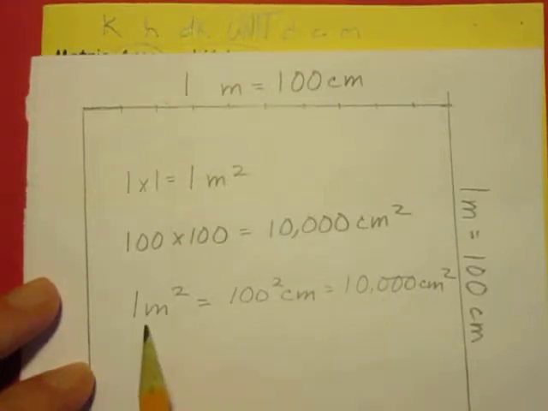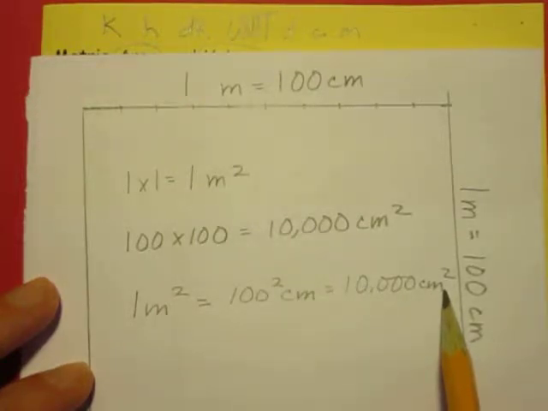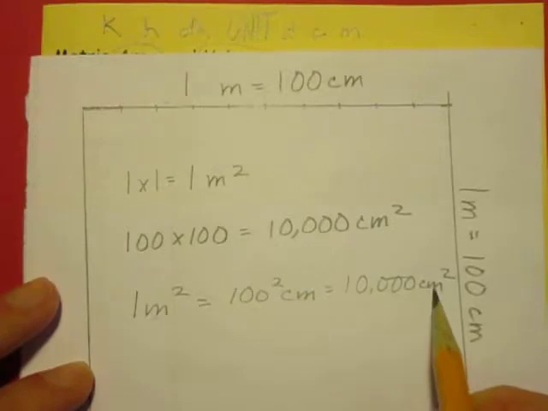So I've written that here: 1 meter squared is equal to 100 centimeters squared, which would be 10,000 centimeters squared. So going from meters squared to centimeters squared, our movement doubles.